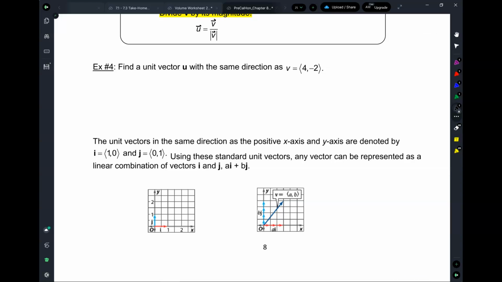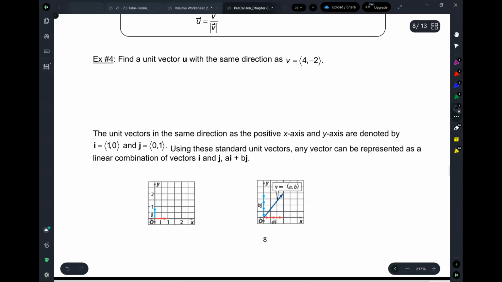So find the vector u with the same direction as this. 4 comma negative 2, that's a vector that you create by going 4 horizontally and 2 vertically, right? You want to find the unit vector. Now, let's see what the magnitude of that is. The magnitude of v is the square root of 4 squared plus negative 2 squared.